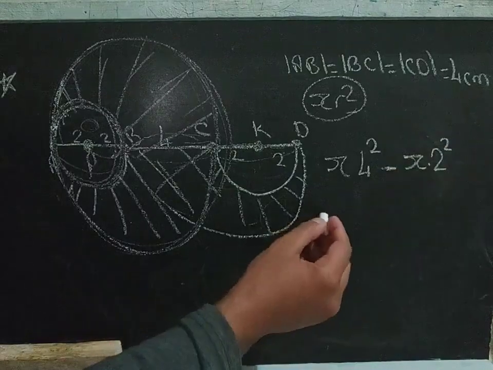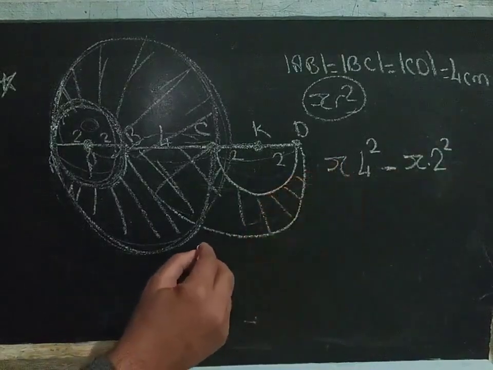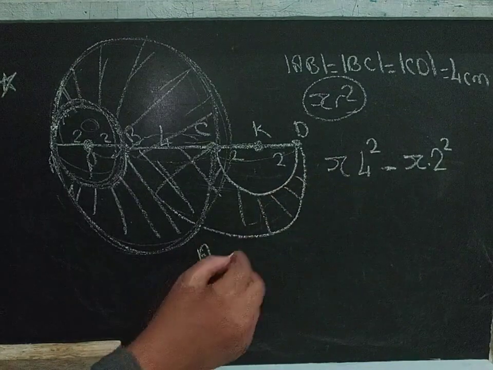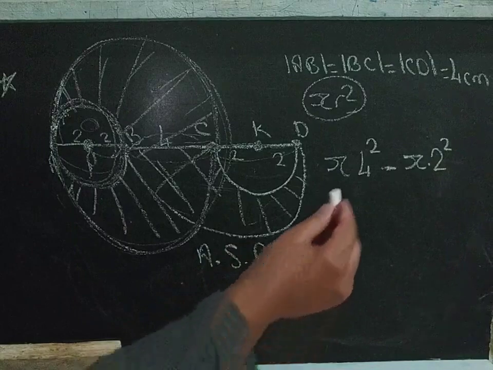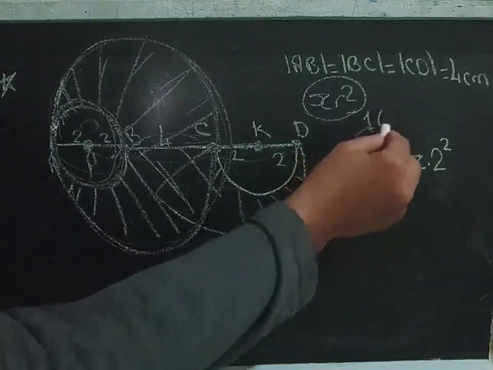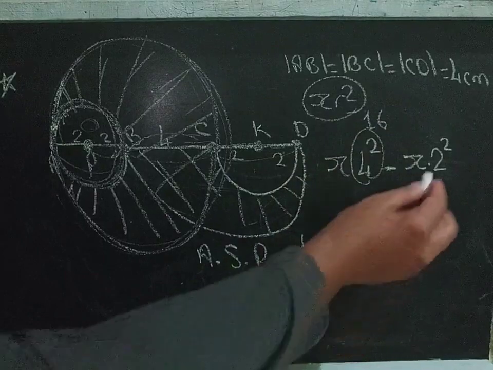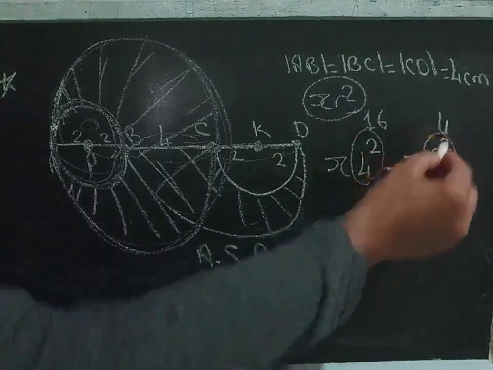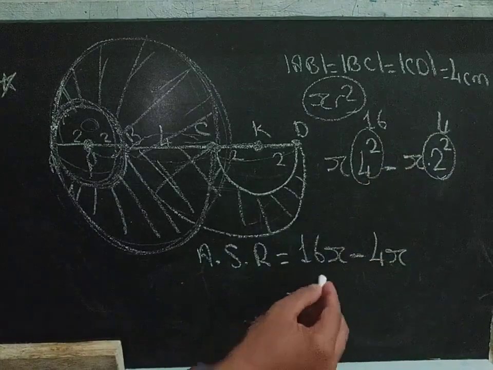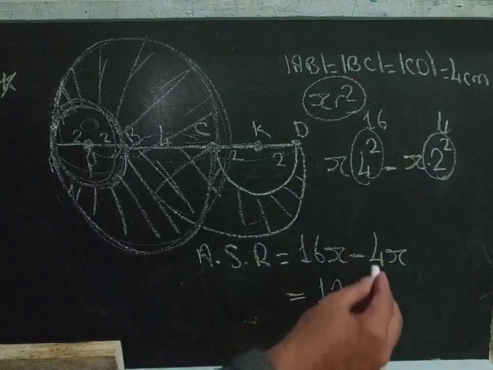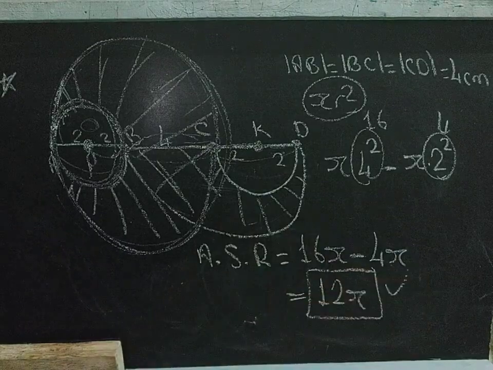For the shaded region, that will be 16 pi minus 4 pi, which is going to be 12 pi. That's going to be your final answer.